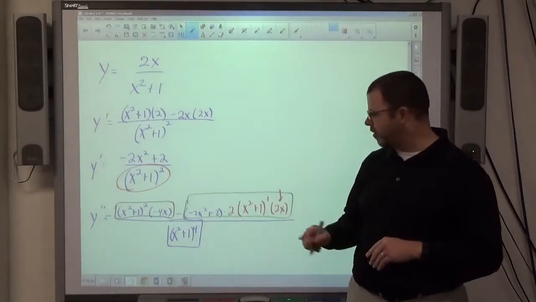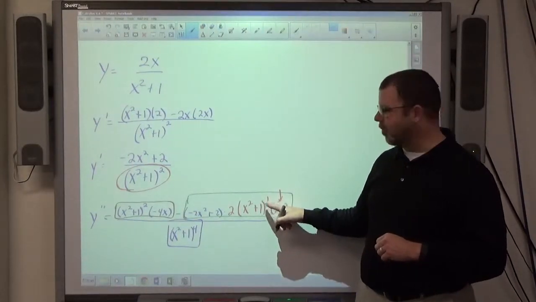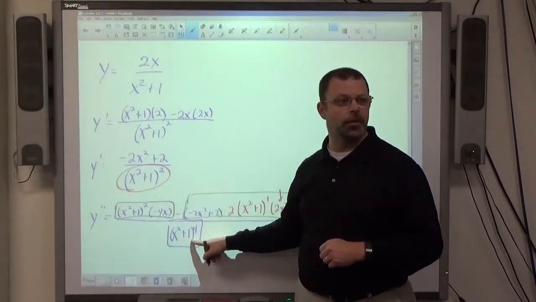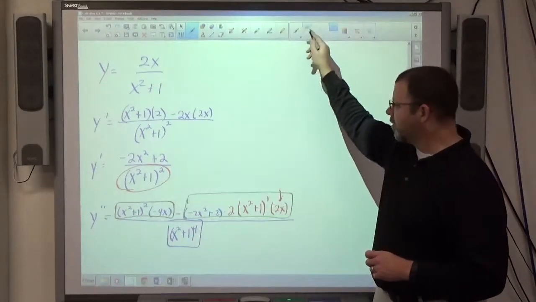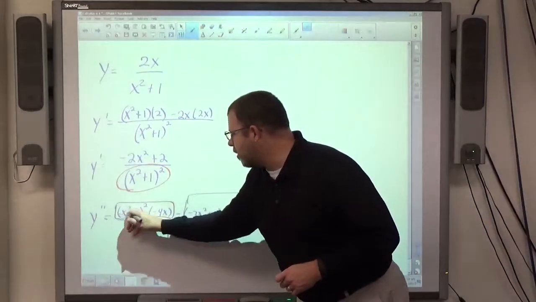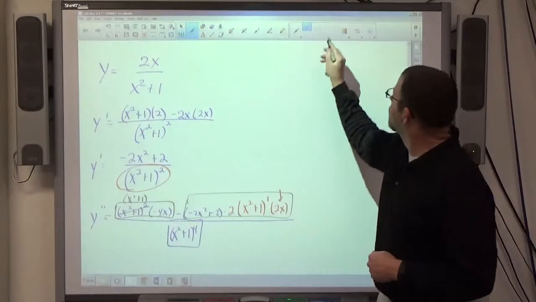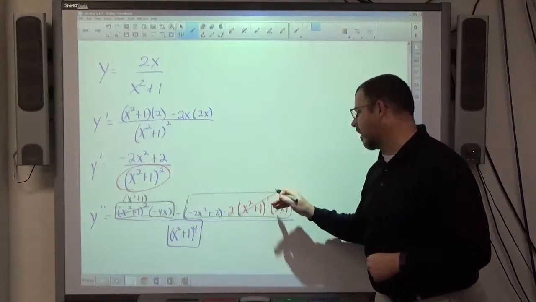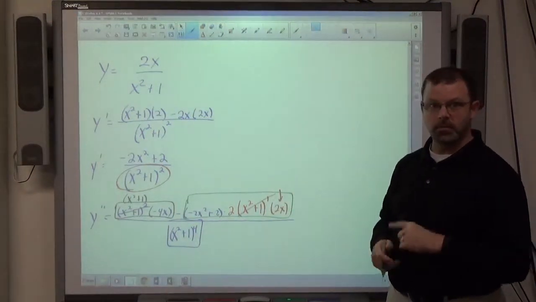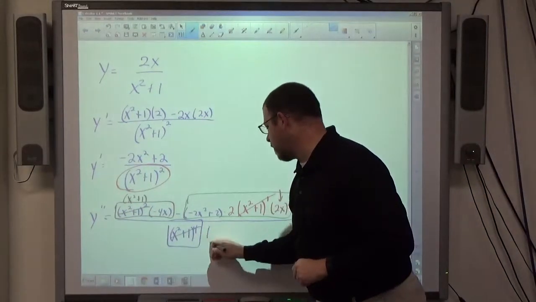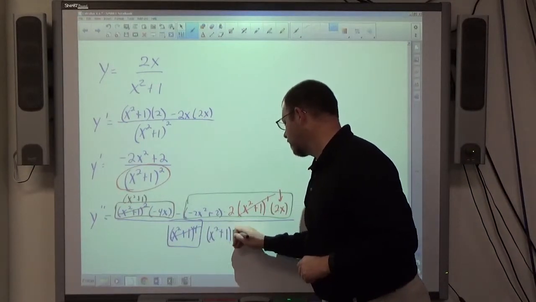The lowest power they share is the first power. There's a first power in this one, a first and another first power here, and a first and a third here, right? The first power in each of those cancels. So x squared plus 1 to the first comes out of that, leaving me with x squared plus 1 to the first. X squared plus 1 to the first gets out of this, leaving me with 1 officially. And on the bottom, x squared plus 1 to the first comes out of that, leaving me with x squared plus 1 cubed.